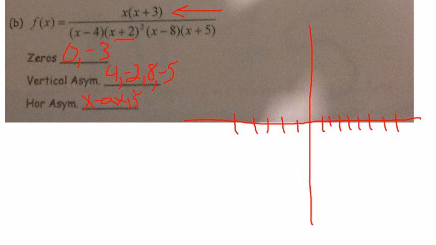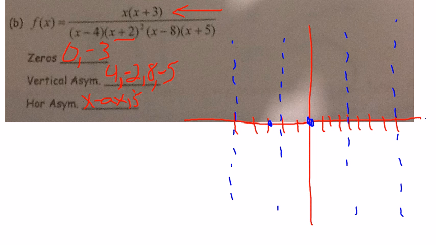So I am going to put a solid dot everywhere I have a 0. So that's 0 and negative 3. And then I'm going to put a vertical dotted line where I have all my vertical asymptotes. So I have one here, I have one here, and the next one, 1, 2, 3, 4, and then I have one at 8.